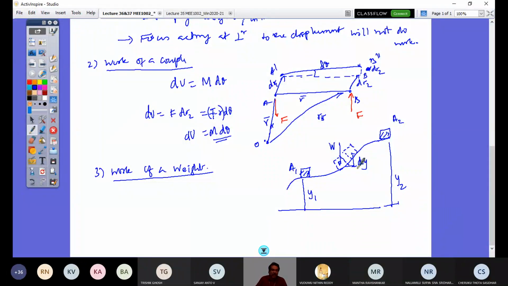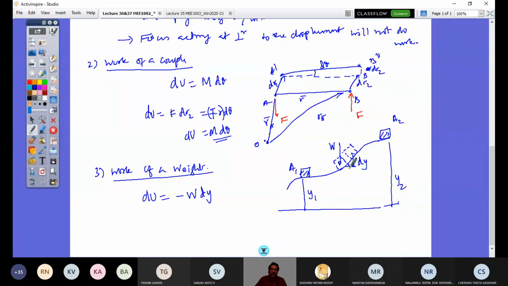Then I can define the work of a weight as minus W into dy. Why minus W into dy? Because the weight is acting down, but the block is moving against it, moving up. So it's minus W into dy.